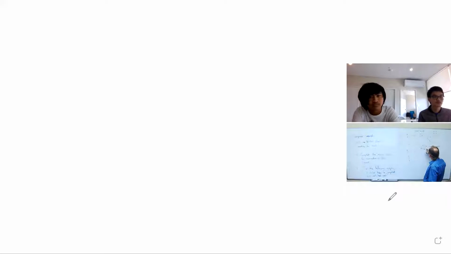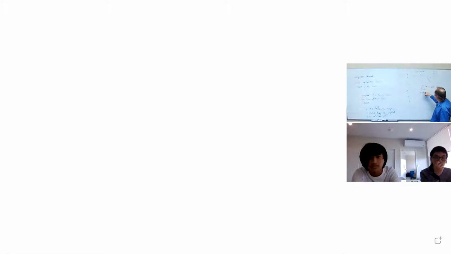Actually, this is not an answer to B, because if this is the center, say, then the vertices at distance 1 are all neighbors. So in fact, this one corresponds to a triangle.